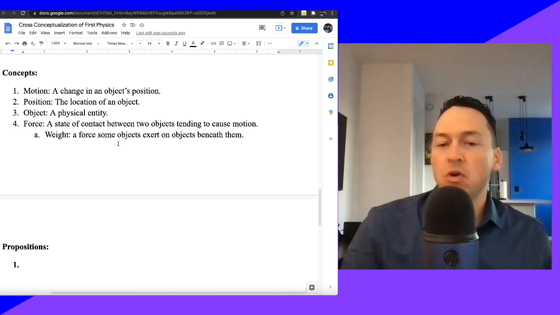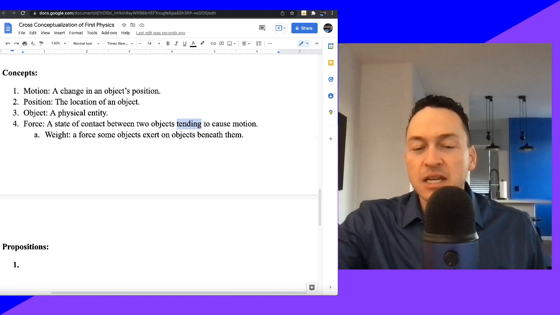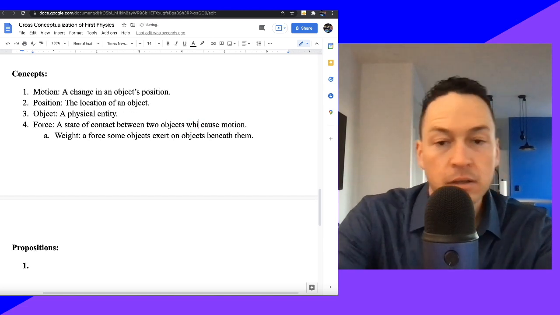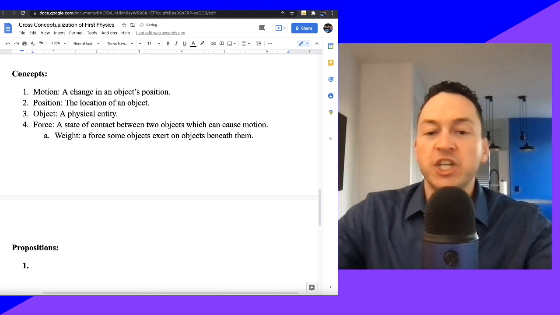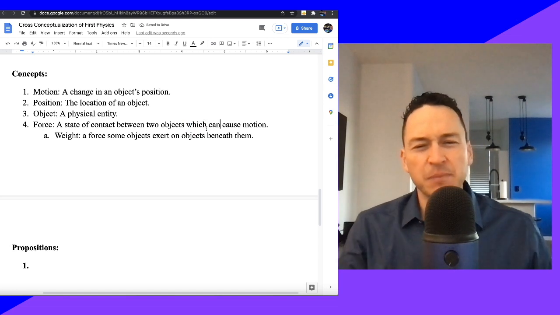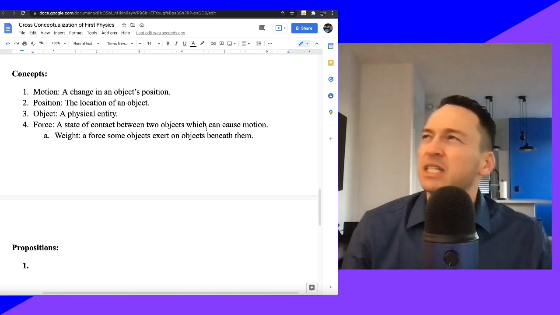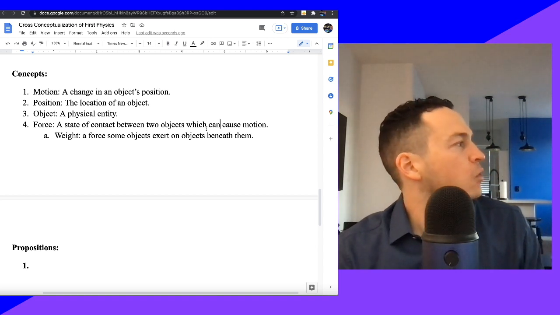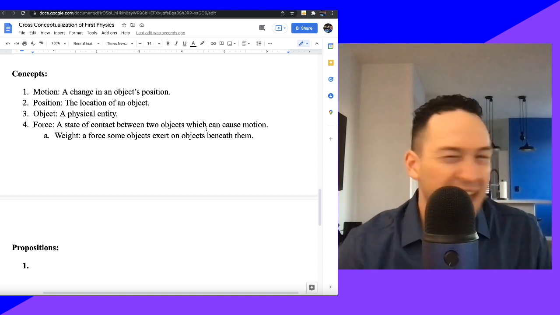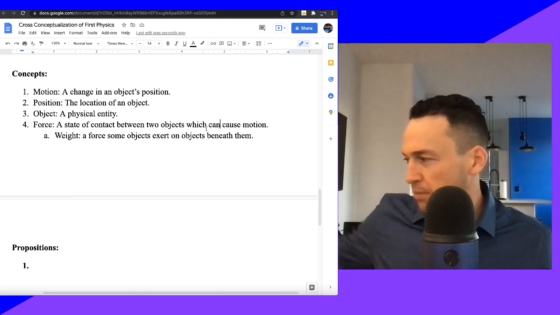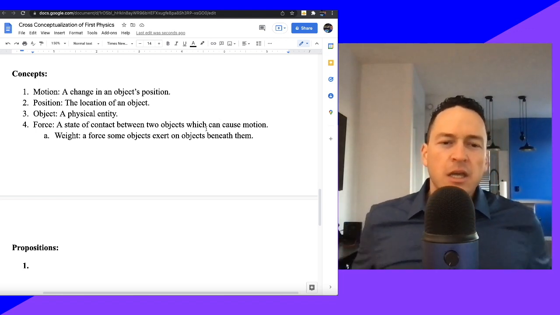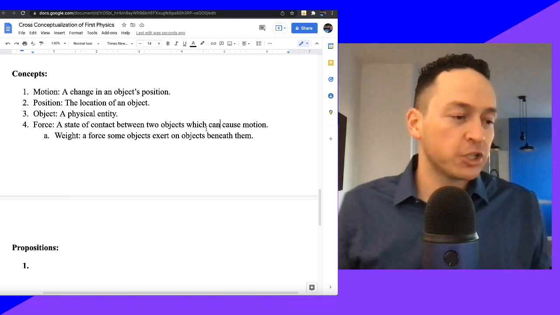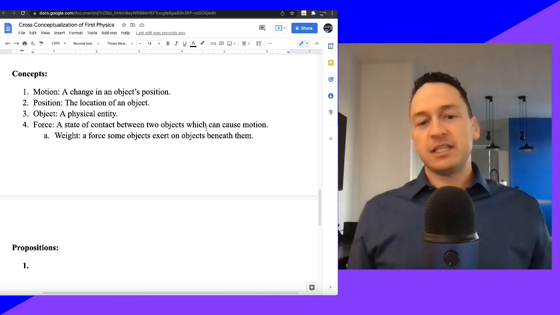Is it a dice roll? No, which can cause motion. See, this is something where we ask, when does it cause motion? Well, it tends to cause motion when the object isn't nailed down. Like if I just push a box across the ground, then notice how I'm not reasoning with any kind of modern physics knowledge. I'm just trying to get clear on the concepts on their own.